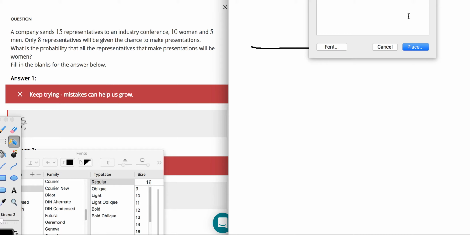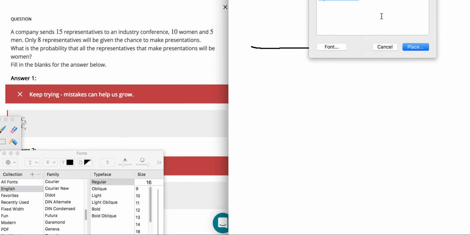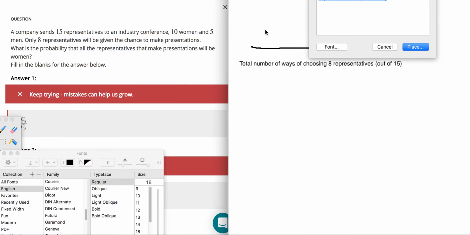Eight are going to be chosen, so the total ways of choosing 8 representatives out of 15 goes on the bottom, okay? And up top is the total number of ways of choosing. It says, what is the probability that all the representatives that make the presentations will be women?